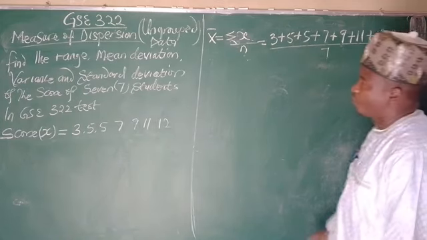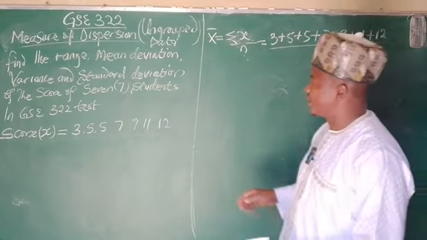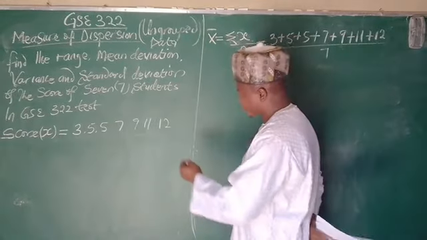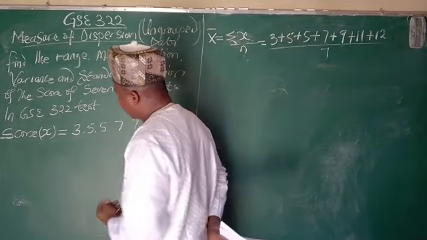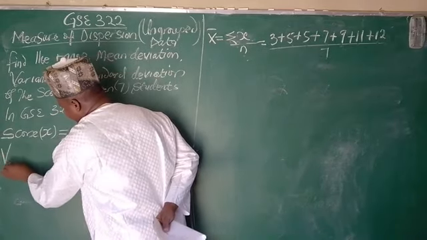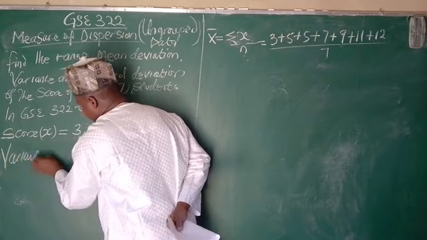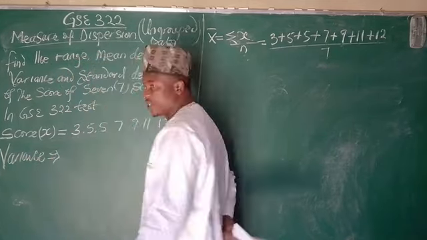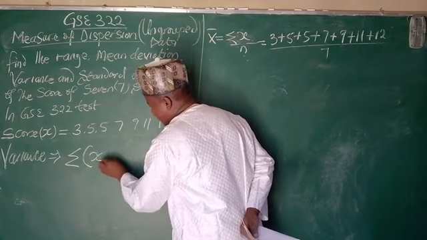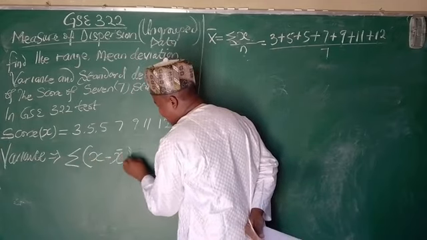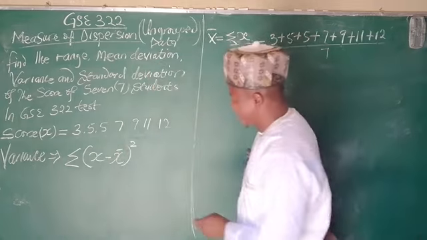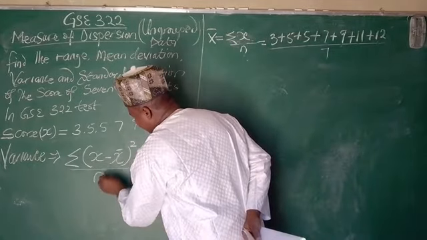So as we move towards finding the variance and the standard deviation, the variance has the formula: the summation of open bracket x minus x bar close bracket squared, over n.